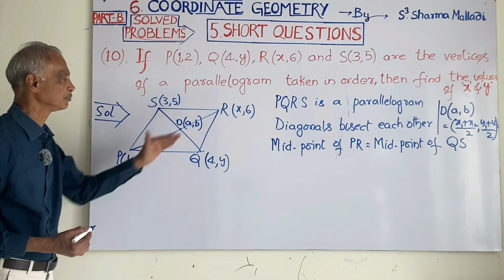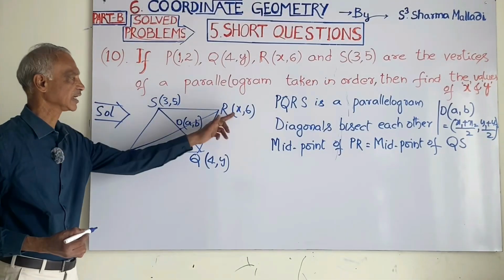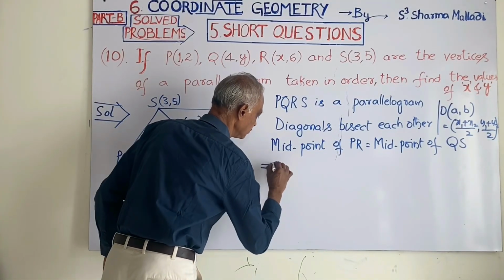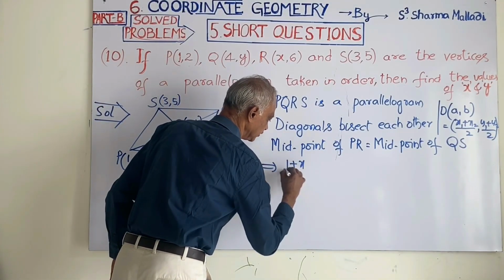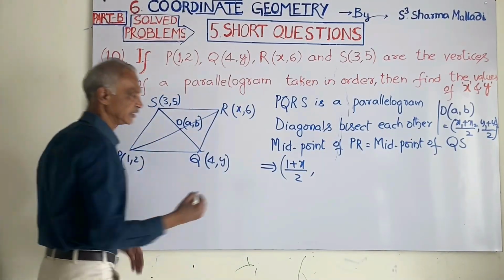Now, what is the midpoint of PR? It is ((1 plus x) by 2, (2 plus 6) by 2).